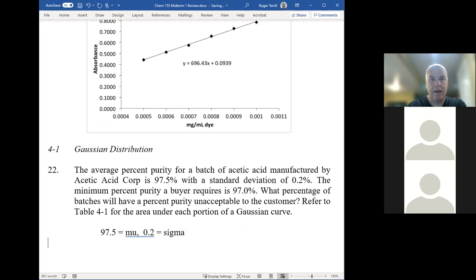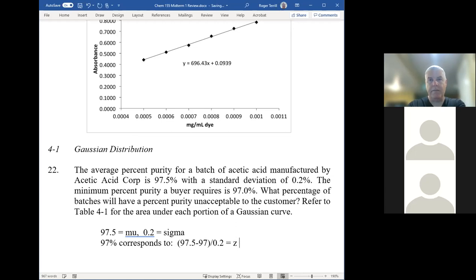Then the 97% value corresponds to, let's see, 97.5 minus 97 divided by 0.2 is equal to Z.